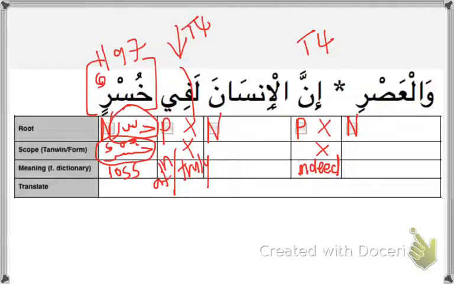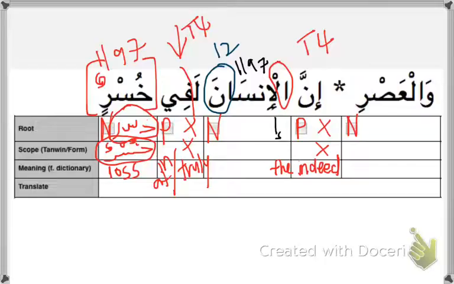Okay, so next would be al-insan. Al-insan, you take the alif lam out, which means the. And then you would hack what is at the back, with the blue pen. This one is number 12, and then you are left with 3. So Hamza would be 7, 9, and 11.